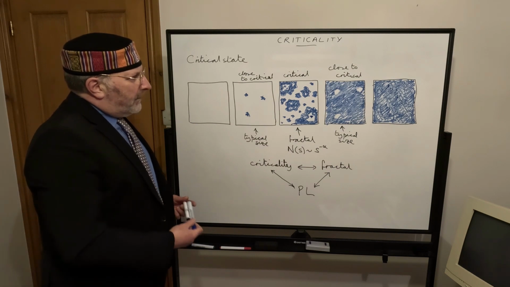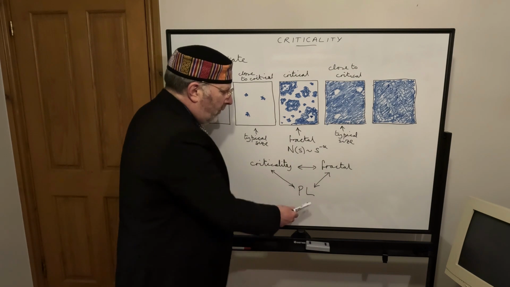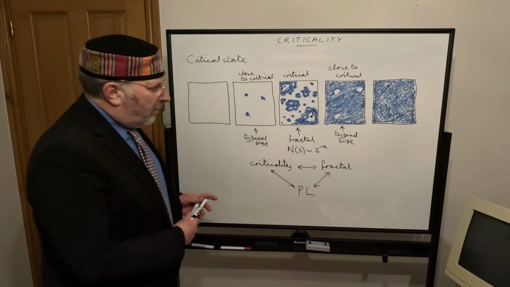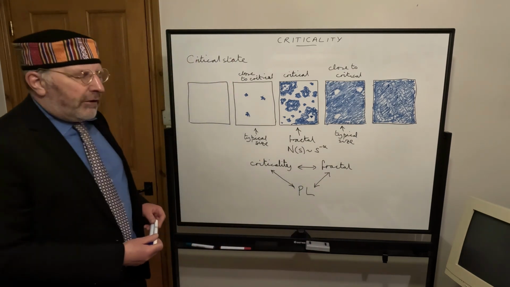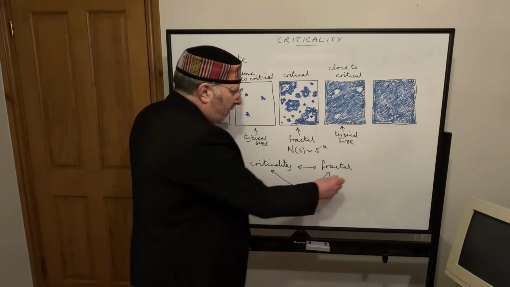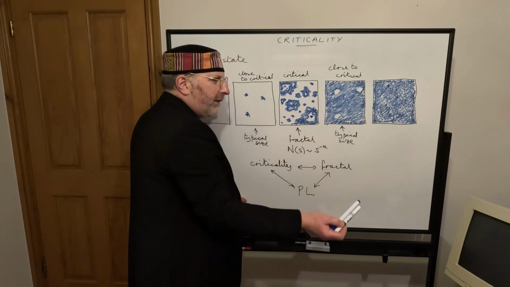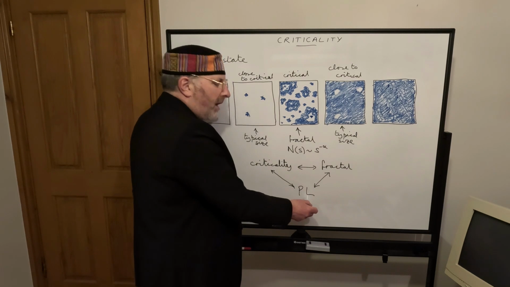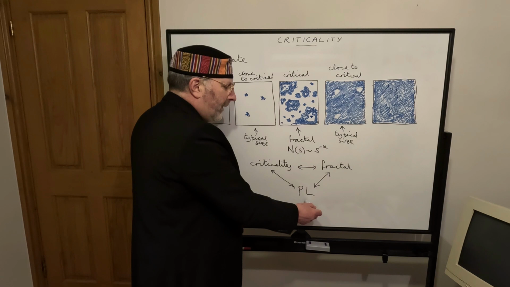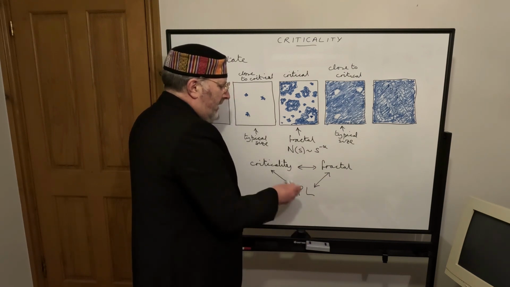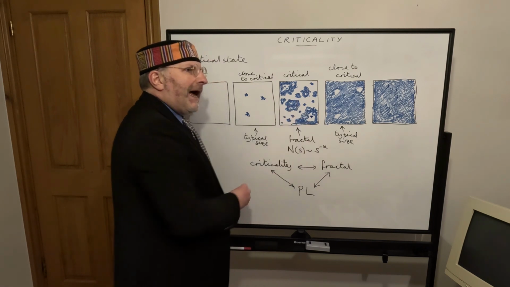And this is of interest to us then, because we see power laws in socio-historical processes, we see fractals in socio-historical processes, and we suggested that the fractals that we see in things like settlement patterns are indicative of power law dynamics going on underneath them. And now we also see that it's suggestive of criticality.